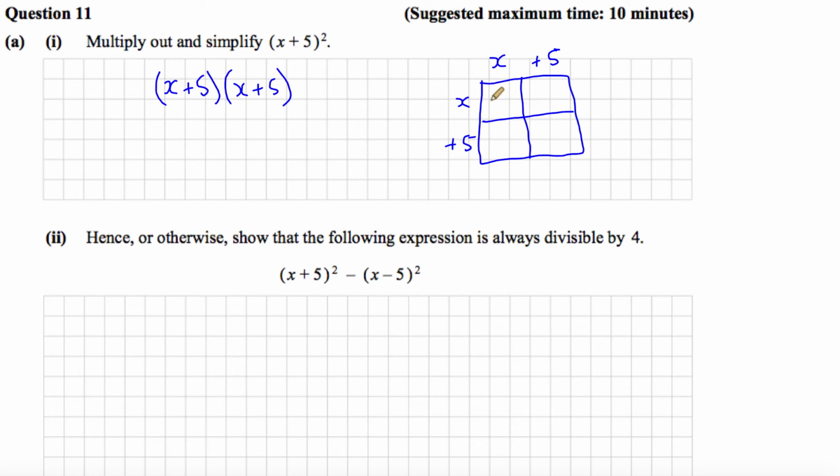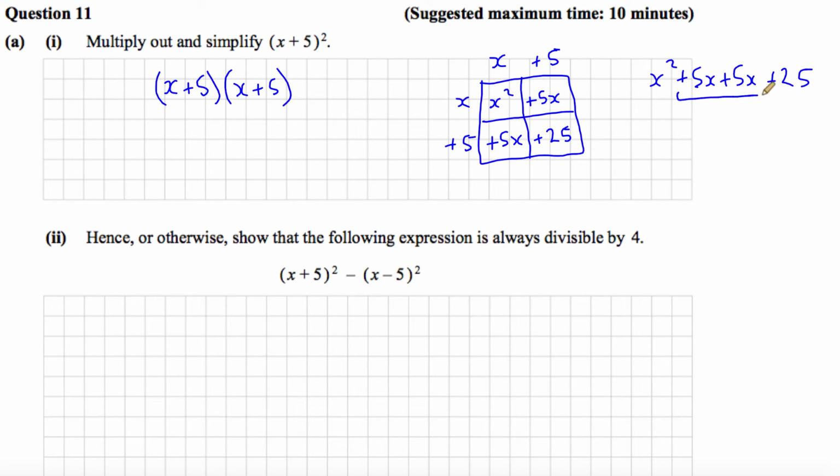So x by x is x squared, 5 by x is positive 5x, 5 by x here is another positive 5x, and finally 5 by 5 is positive 25. So we can then write these four terms out. So that's x squared plus 5x plus 5x plus 25.